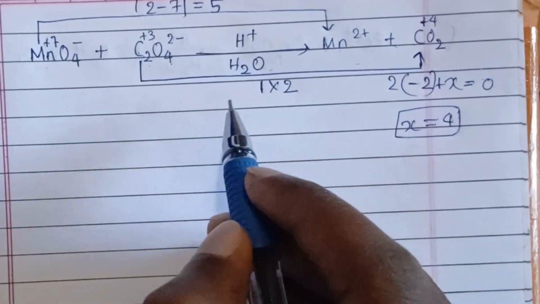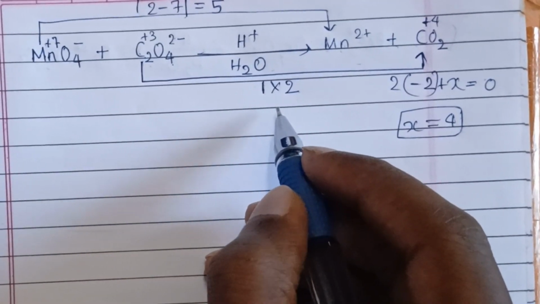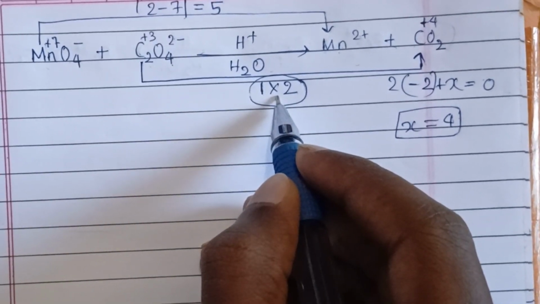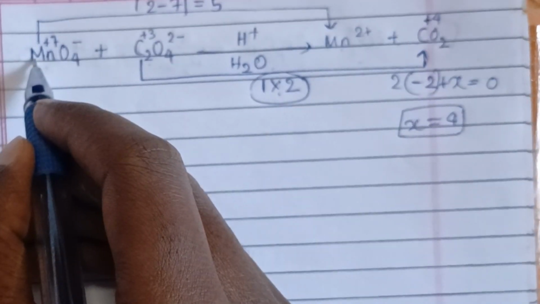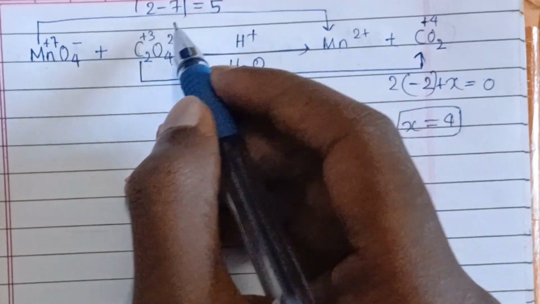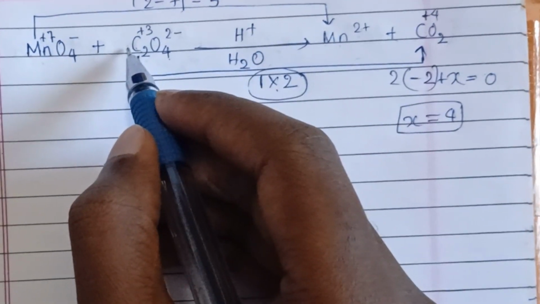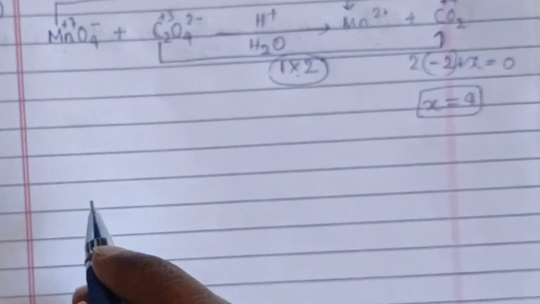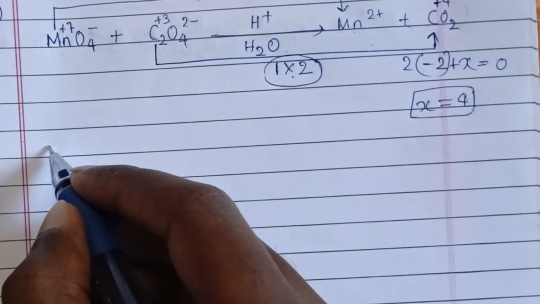Okay, after this step you just have to do one thing, which is cross multiplication. So this thing you have to multiply to this one, and this 5 you have to multiply to this one. So you understand that here we are doing cross multiplication of compounds. So what I will do is, I will do the cross multiplication.